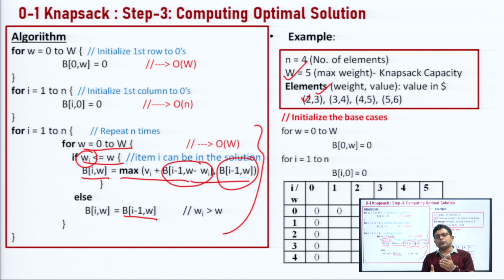So, the row I is assigned to the rows and W is assigned to the columns. What this algorithm does first is fill the first row and the first column with 0 values.